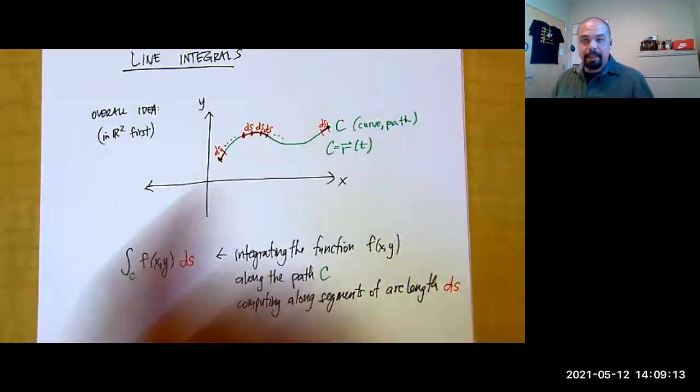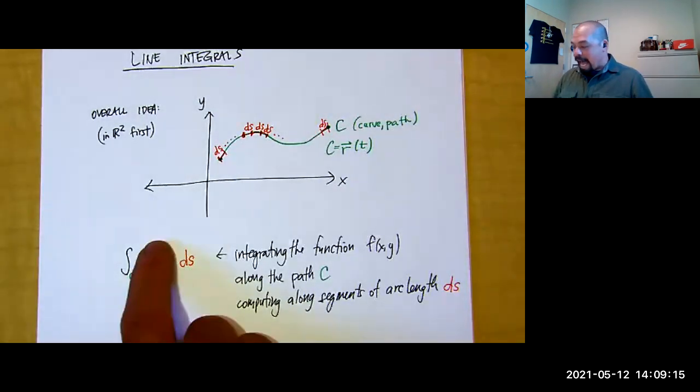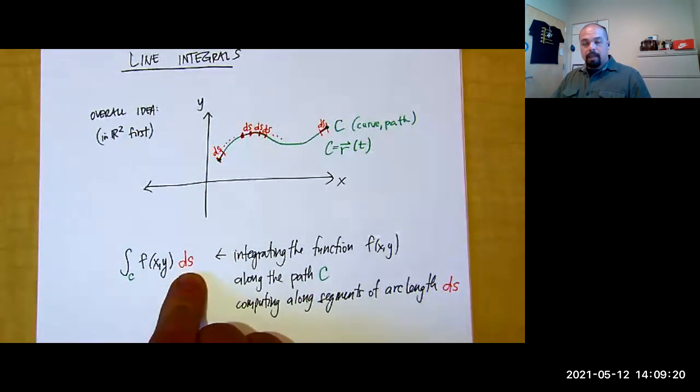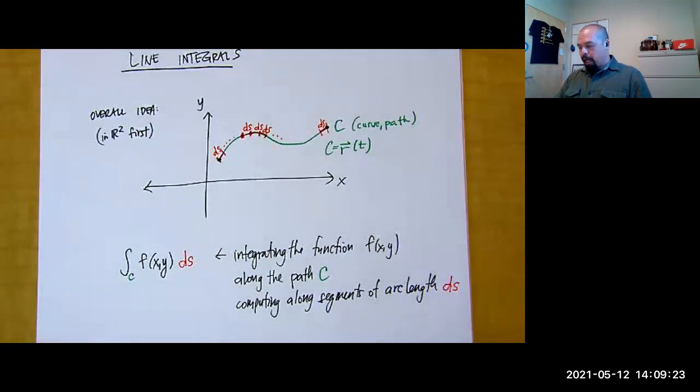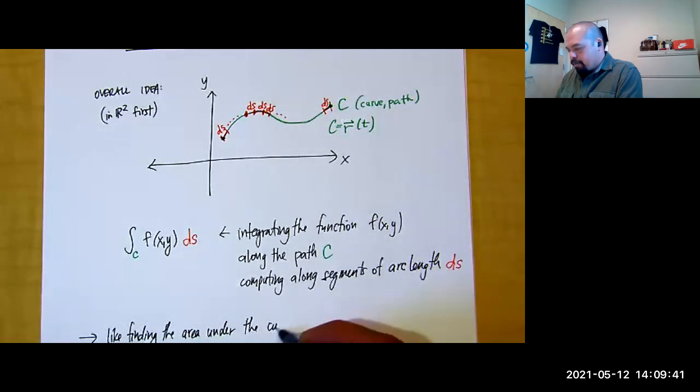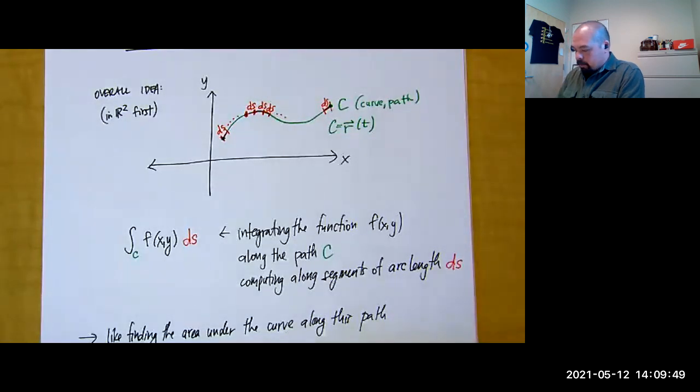Taking those little segments, adding up what our function is doing over that segment. And 3-dimensionally, what we kind of identify, this is like finding that kind of area under that curve along this path, right?